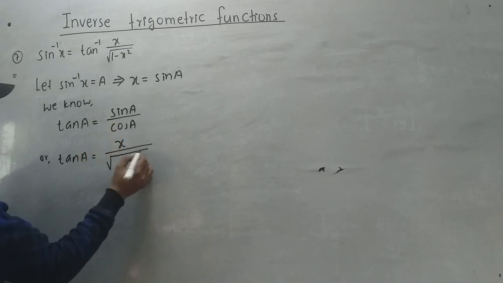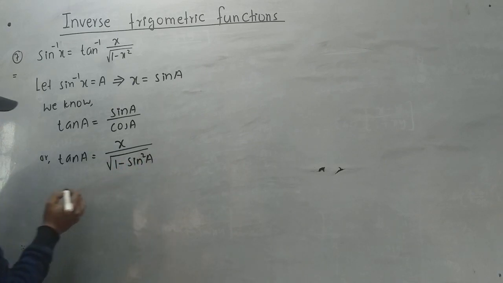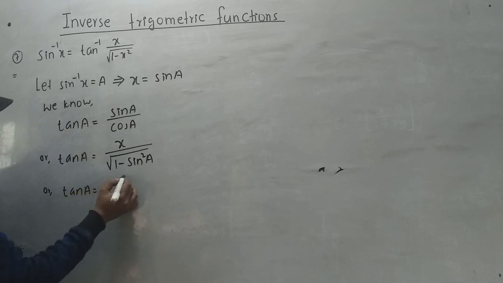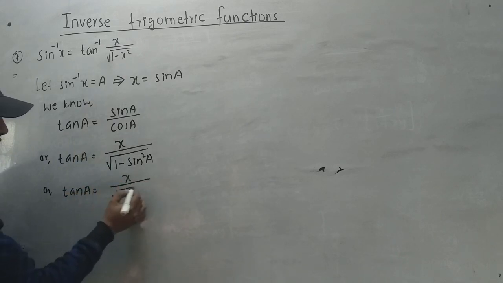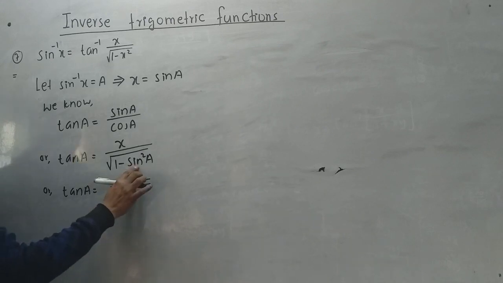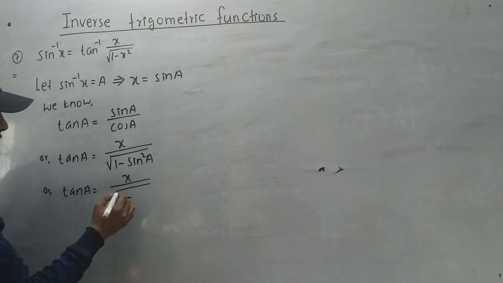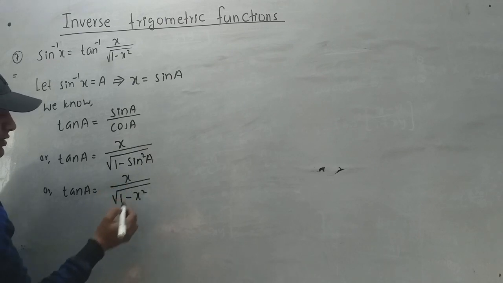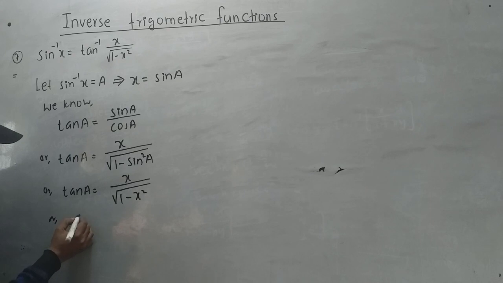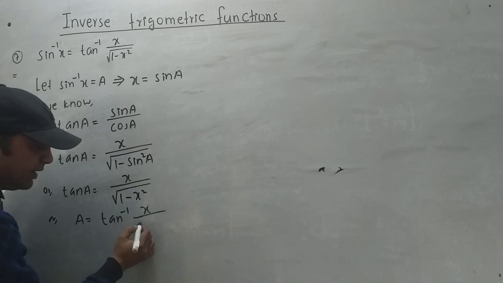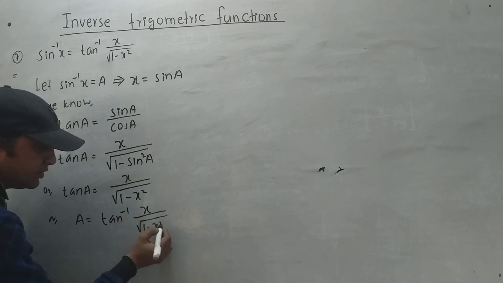Cos A is given by under root of 1 minus sin square A, or tan A equals x divided by under root of 1 minus x square, or A equals tan inverse x divided by under root of 1 minus x square.